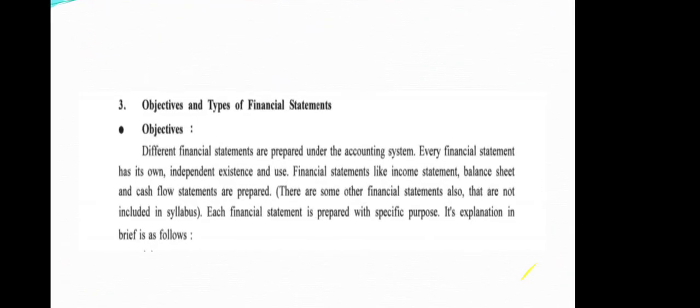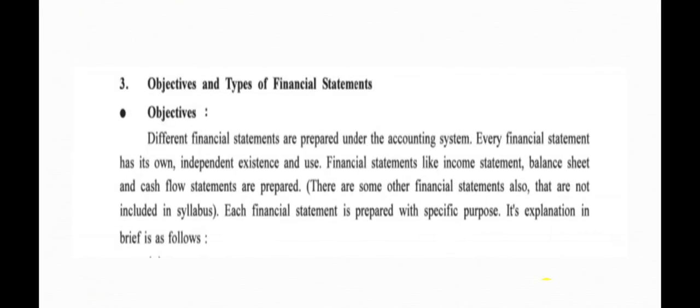Let us see the objective of financial statement, or objective and types of financial statement. Friends, different financial statements are prepared under the accounting system. Every financial statement has its own independent existence and use.